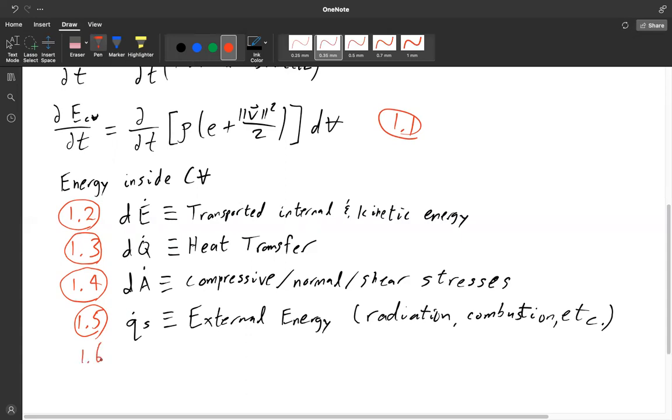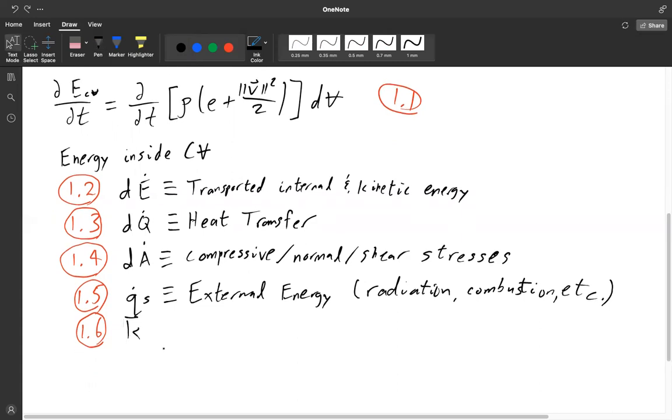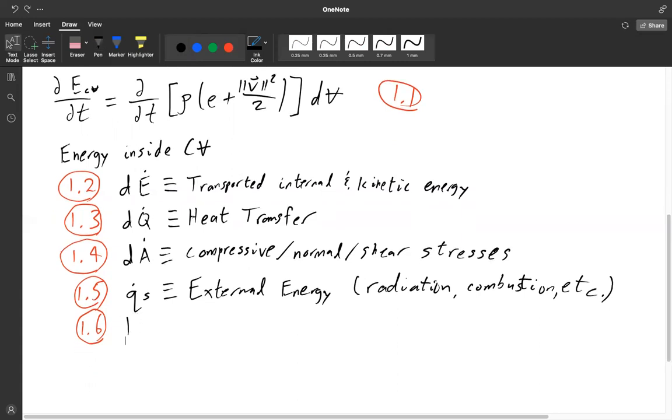Equation 1.6 are then body forces, K dotted with V, K vector dotted with V vector, dV.